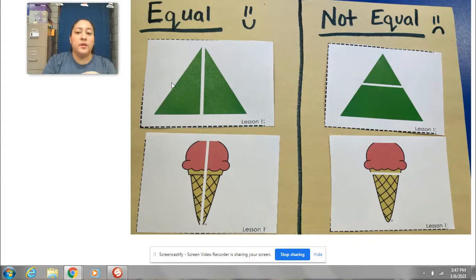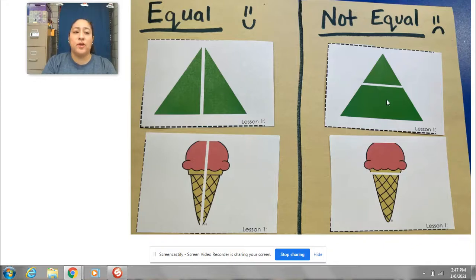So for example, here we have a triangle and we cut it down the middle, and now both sides are equal because both sides are the same size. If I get this share or this side, it's the same size as this other one that I'm going to give to a friend.